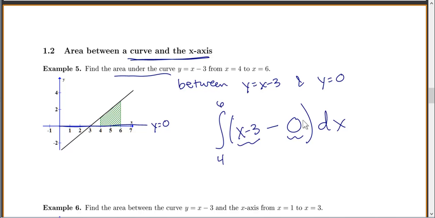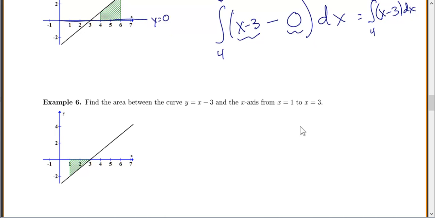Every single time, it's not going to make a difference, right? And so I'd just be back to the integral from 4 to 6 of x minus 3 dx. This is why, if you want to find the area under the curve, they just define that as above the x-axis, and we didn't have to do anything special. It turns out that they truly are subtracting 0 every time, you just don't bother doing it because it doesn't make a difference.